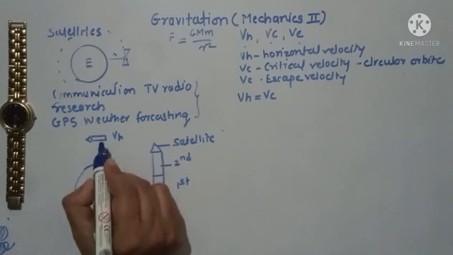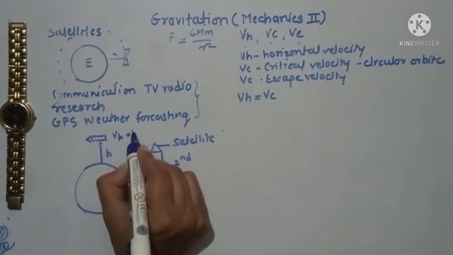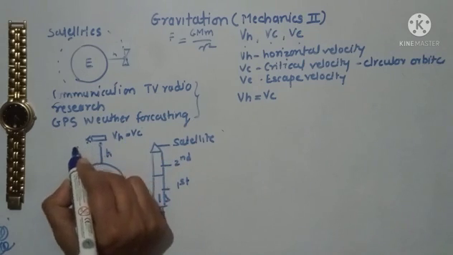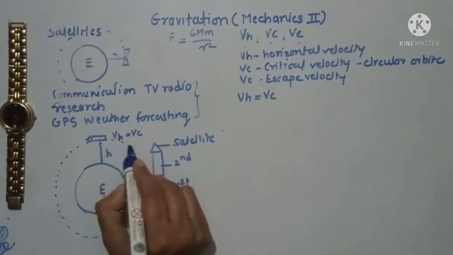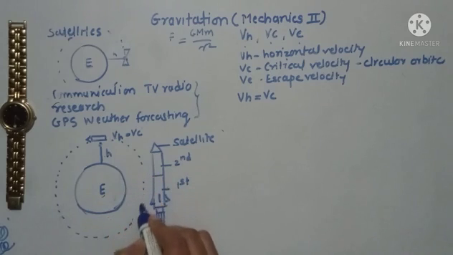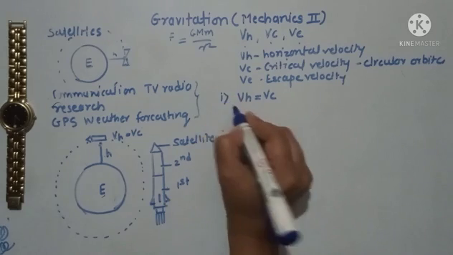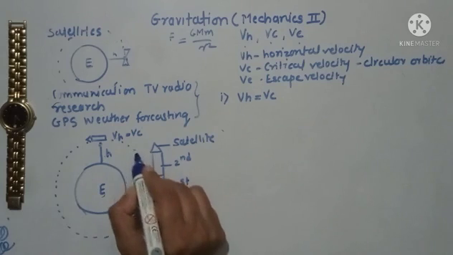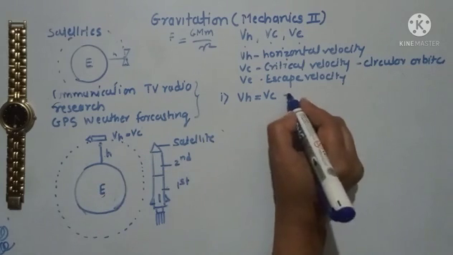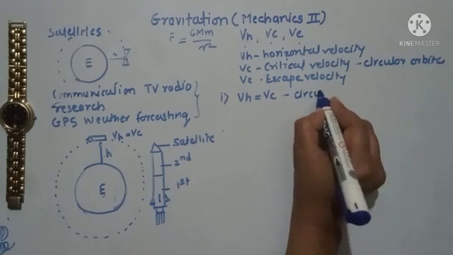So if Vh is exactly equal to Vc, the satellite will follow a circular path around the Earth. This is the first case, when Vh is exactly equal to Vc, and it will follow the circular orbit.